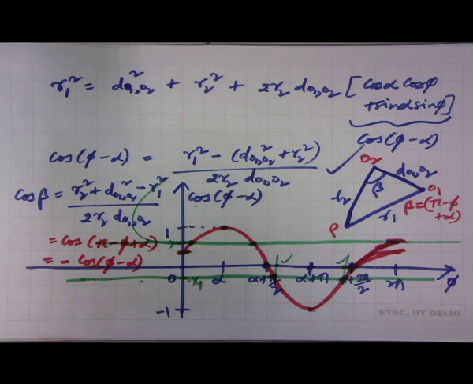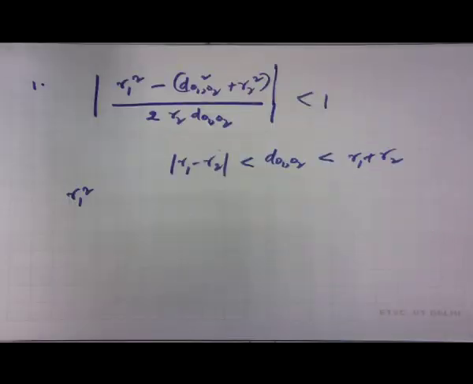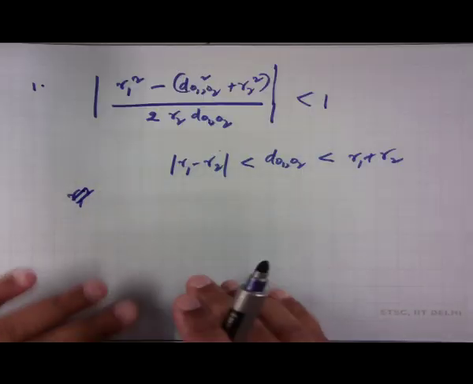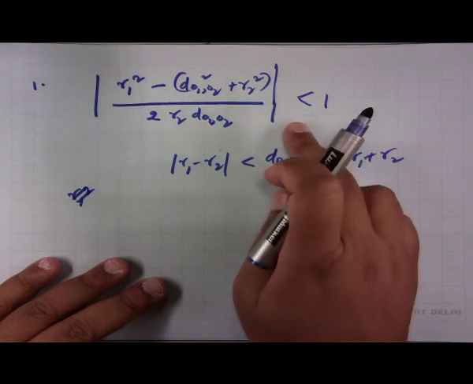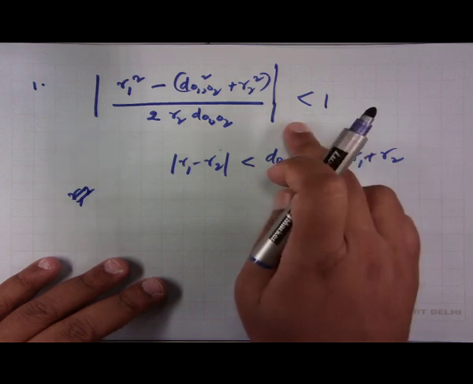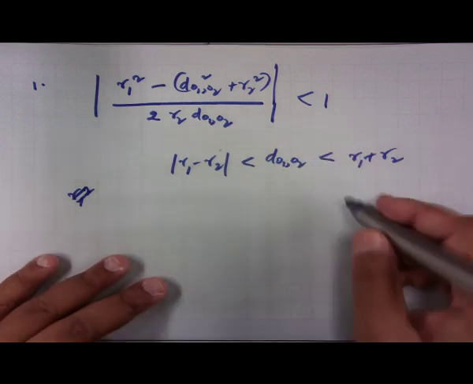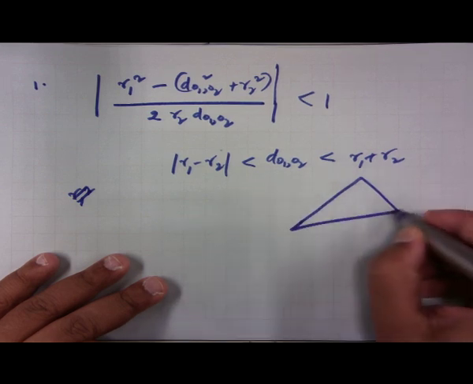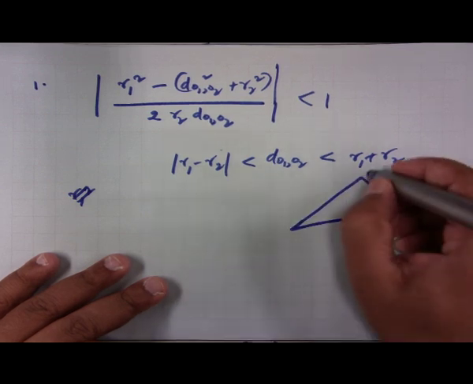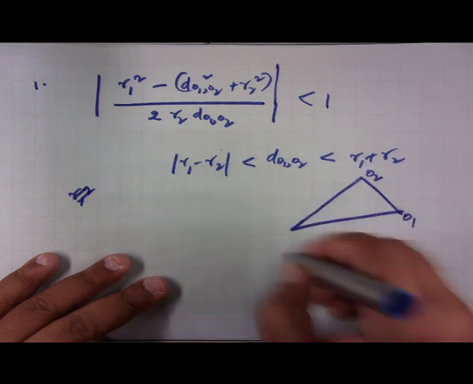Now, from the triangular inequality, what we have is that if this condition is true, then the two circles will intersect at 2 points.